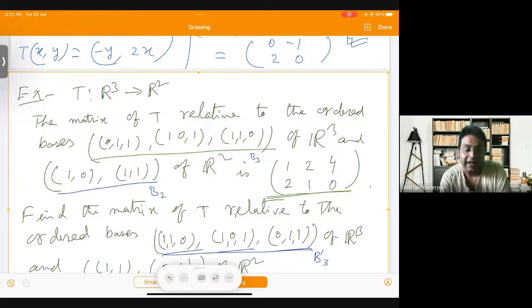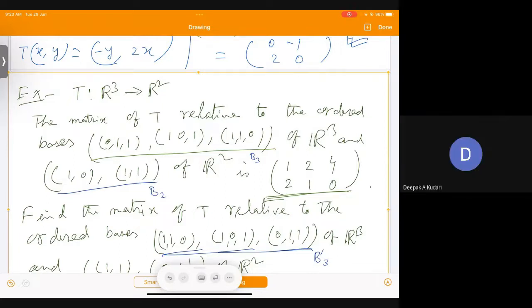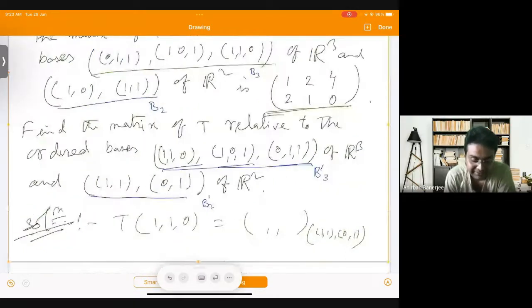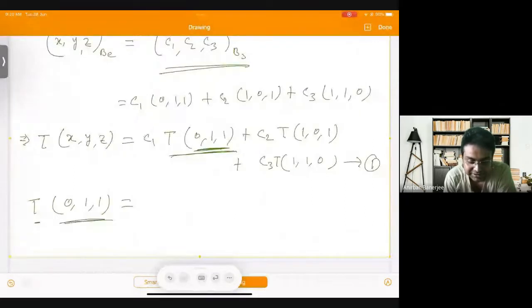And how did we construct this matrix? What will be every column of this matrix? Transformation of the basis. So that means if we apply this linear transformation on this, what should we get?